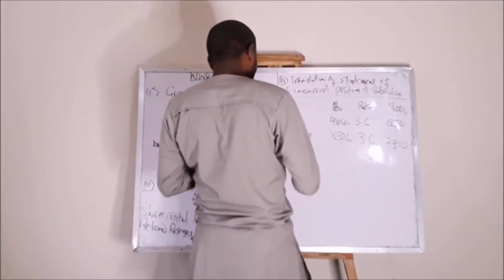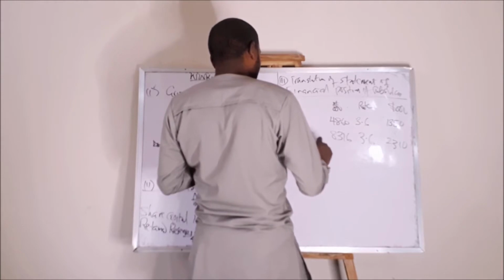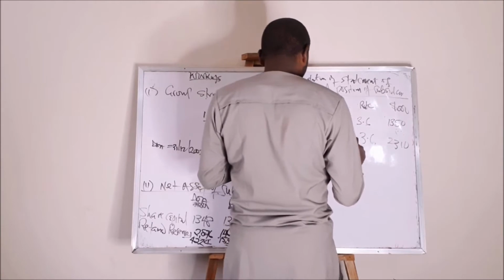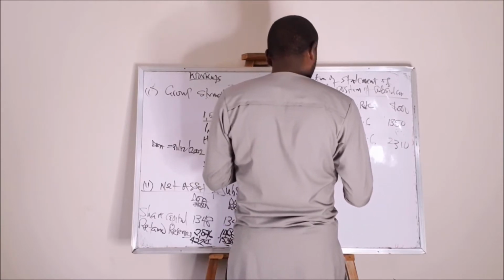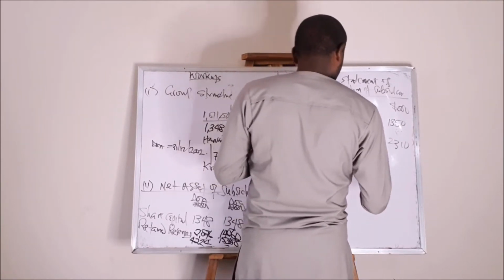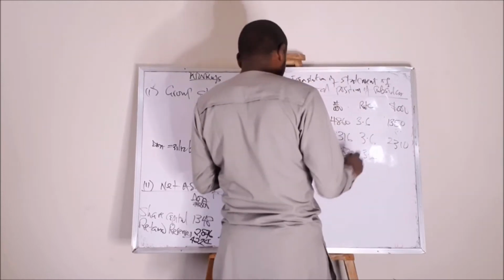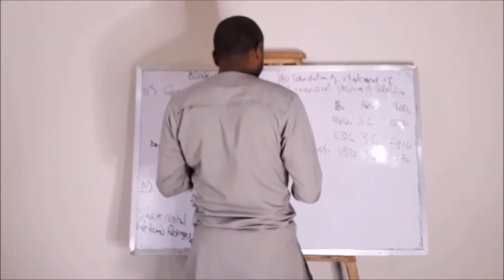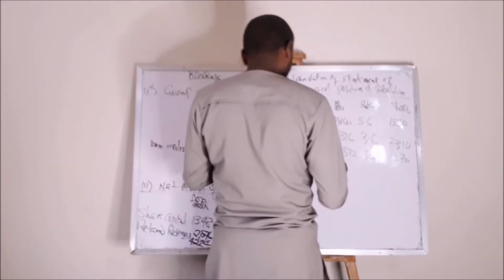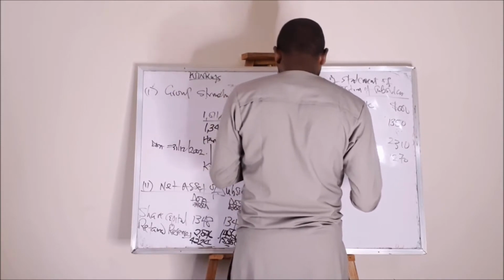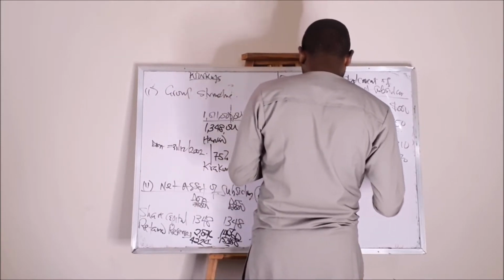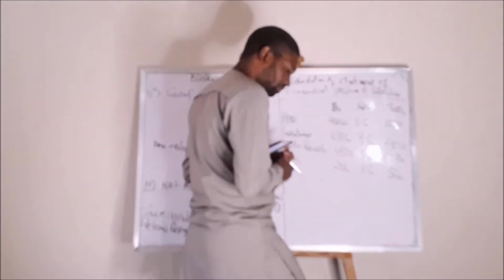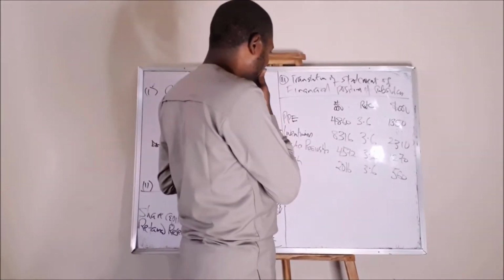Then trade receivables is 4572. You divide it, it's going to give you 1270. Then cash, 2016 divided by 3.6, which gives you 560. So these are assets.